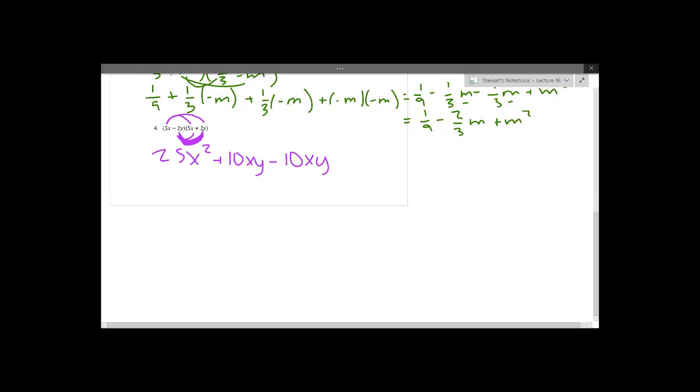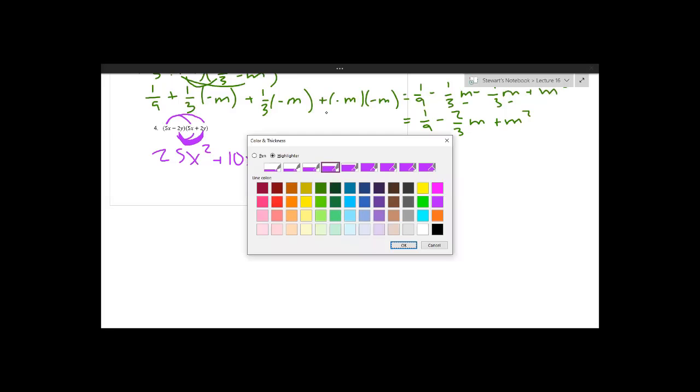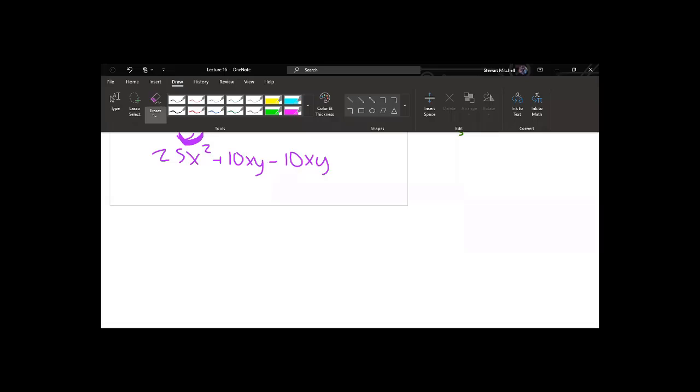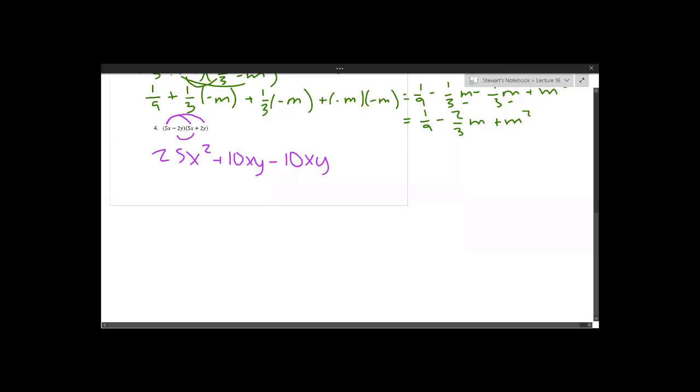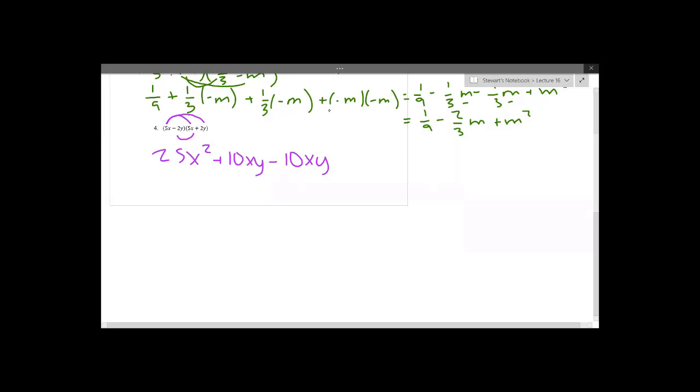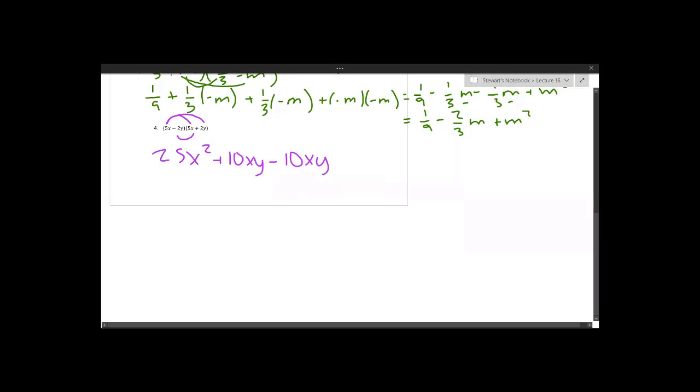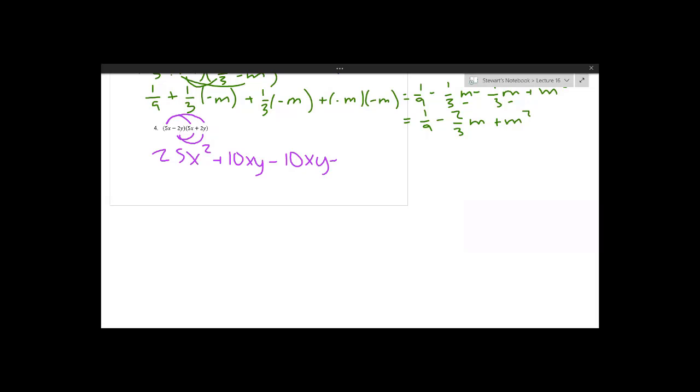Okay, my computer does not like me apparently right now. Should be a pen, not a highlighter. And gotta erase one more time. My apologies for the delay here. Okay, so finally we have negative 2y times positive 2y, which would give us a minus 4y squared.